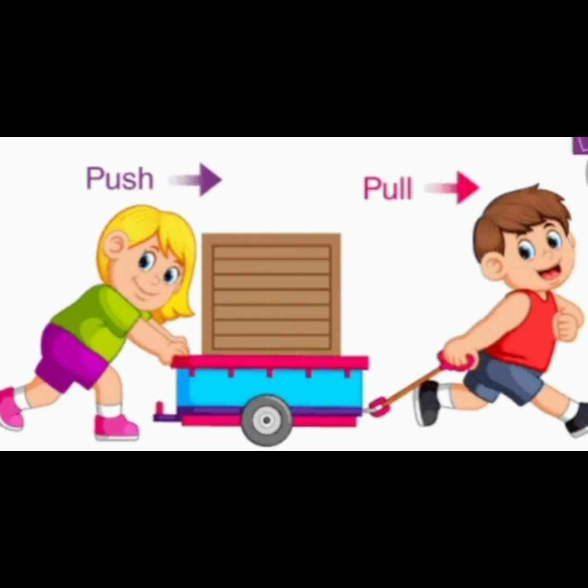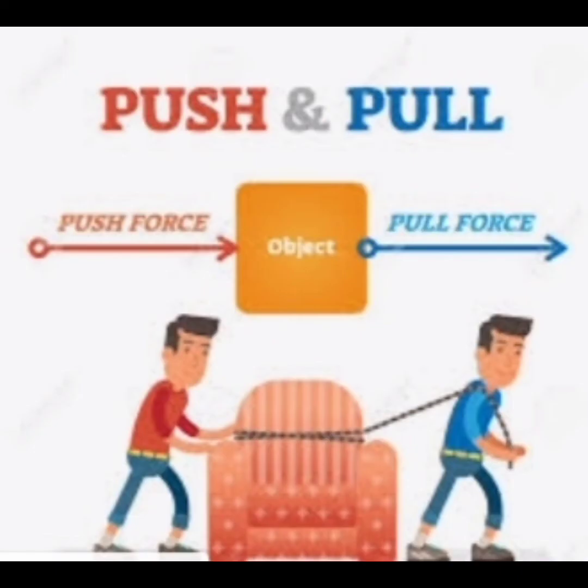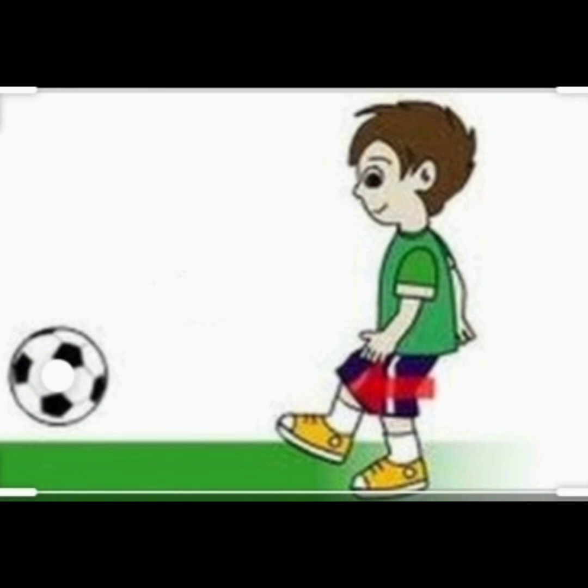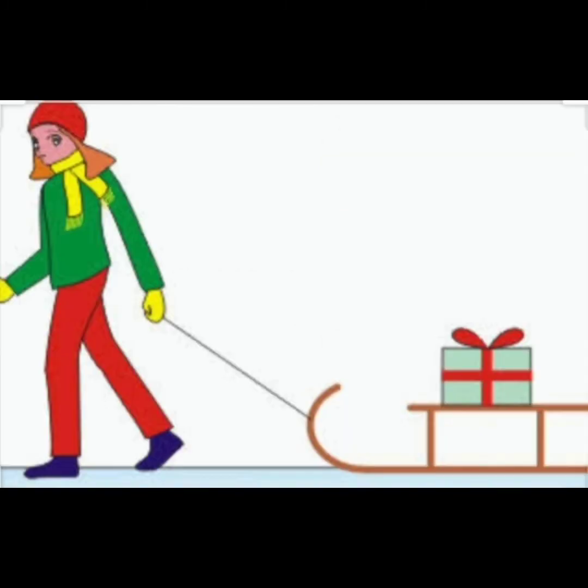Pushing and pulling an object, you are applying energy on it to make it move. But do you know how much force you are applying to an object? Let's find out. Forces can be big or small. When you are pushing or pulling on a light object, you are applying small force towards the object.